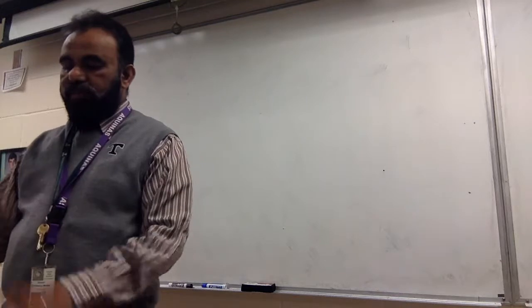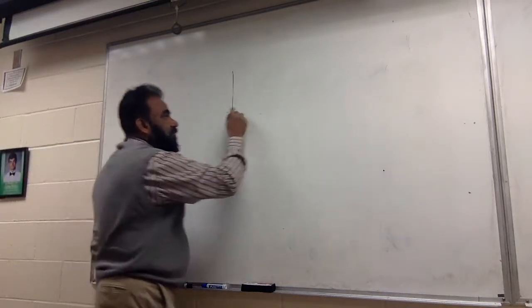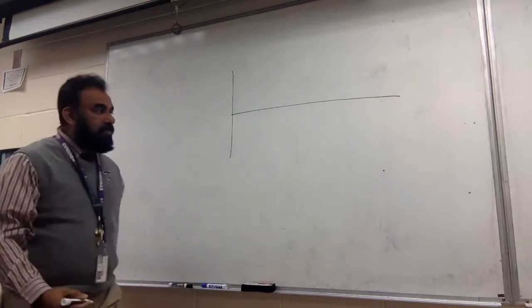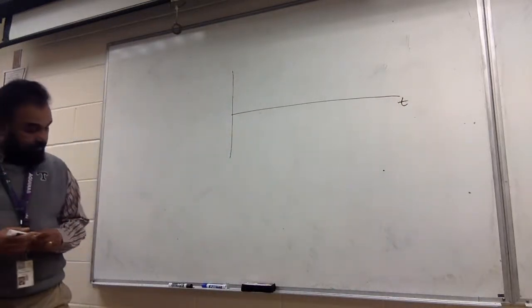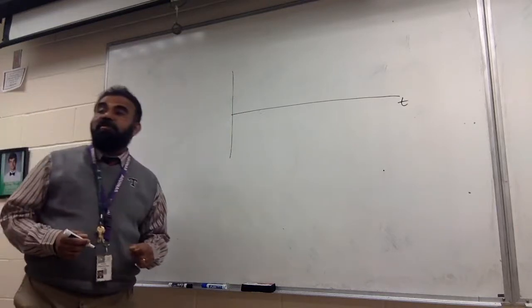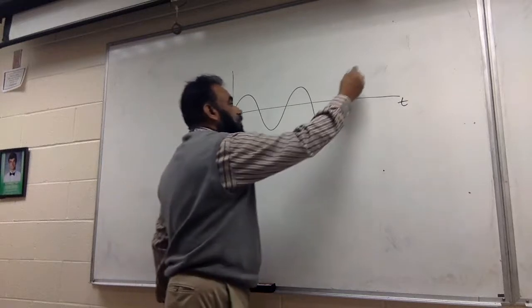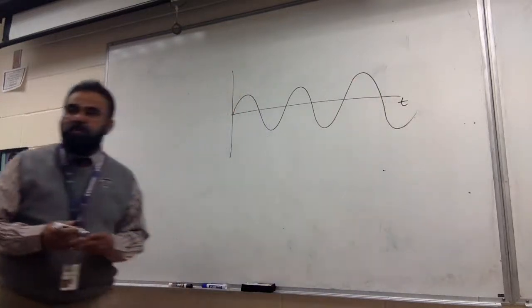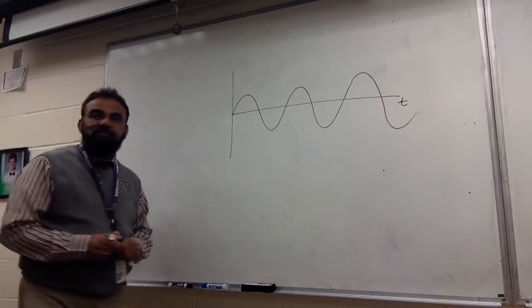And understand that in simple harmonic motion, the other thing that we did was the graph with respect to time. How was the displacement graph? That was the displacement graph. How was the acceleration graph?